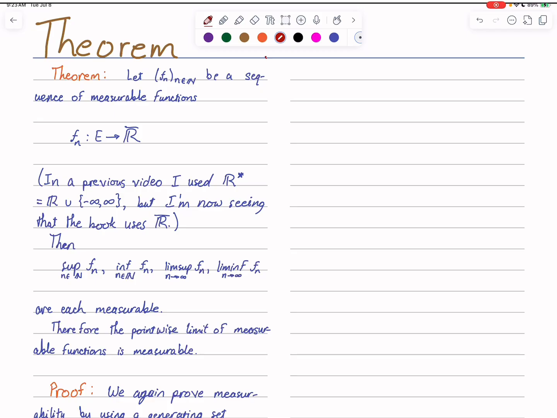Okay, here's another function, somewhat similar. Suppose that we have a sequence of functions and they are each measurable. They have shared domain E and they take values in the extended real numbers.